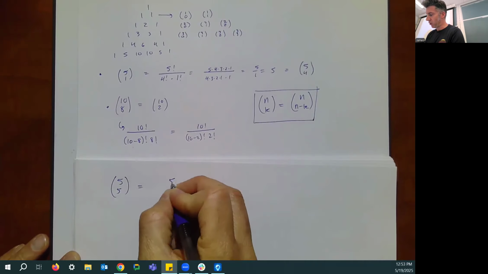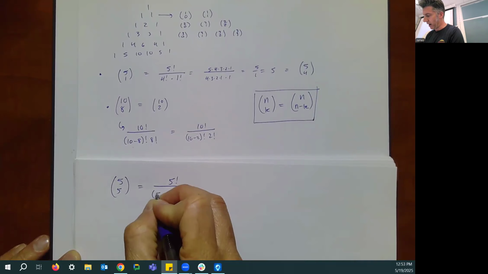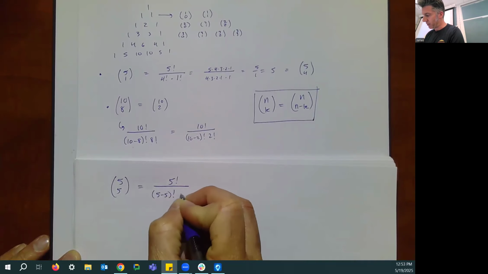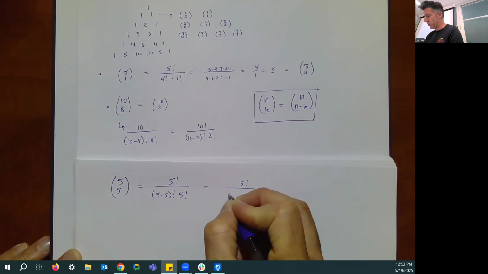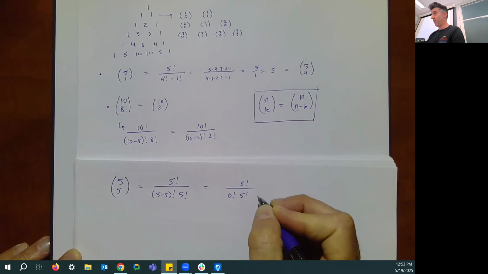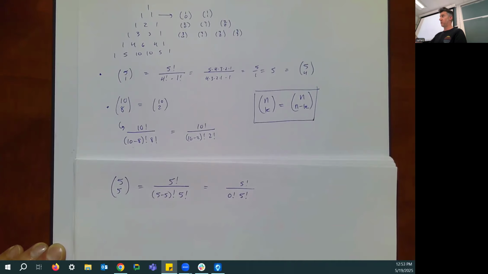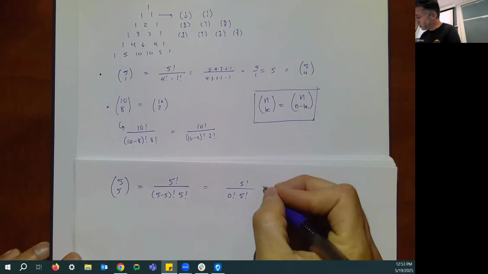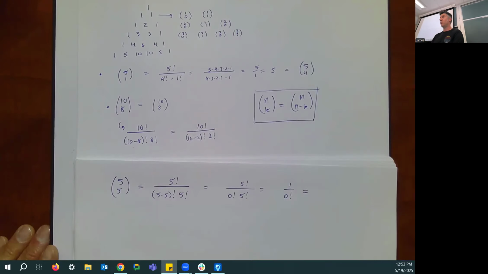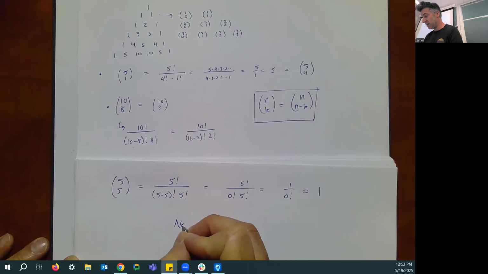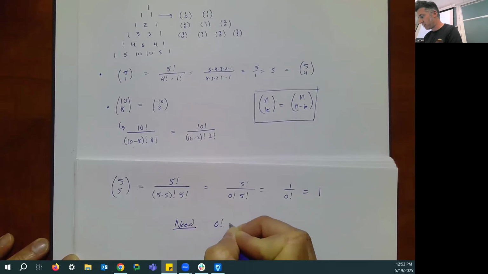So I'm going to do 5 factorial over 5 minus 5 factorial times 5 factorial. So that's going to be 5 factorial over 0 factorial times 5 factorial. The 5 factorials cancel, right? 5 times 4 times 2 divided by 5 times 4 times 1. So I'm going to get 1 over 0 factorial, but we just said that had to equal 1, which means we definitely need 0 factorial to be equal to 1.